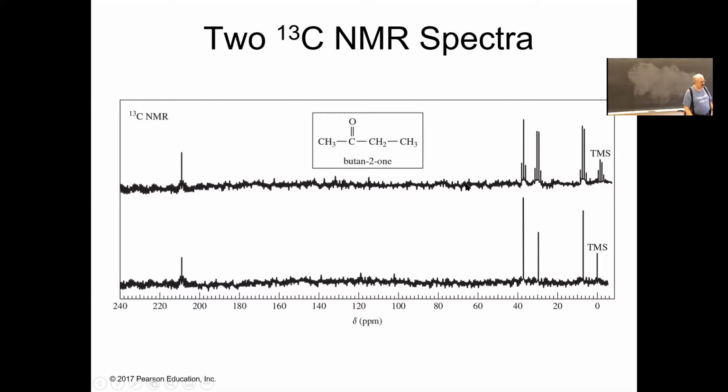If we do the off-resonance decoupling, we can see the splitting. The 2 methyl groups will appear as quartets, and the CH2 would appear as a triplet. The quartet that is most downfield, to the left, is likely to be the one that's next to the carbonyl.